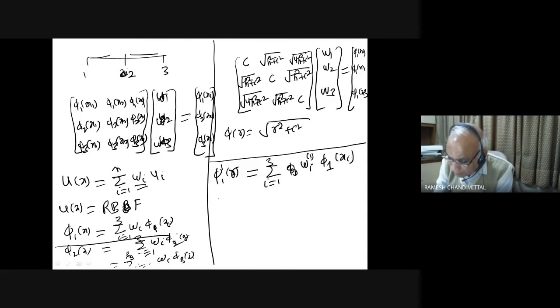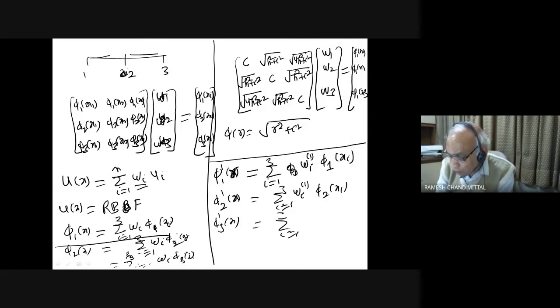Then similarly I will have for phi 2 prime, the sum over i from 1 to 3 of w_i1 times phi 2 x_i. I write x here, so no problem. Okay, and then you have phi 3 prime x equal to the sum over i from 1 to 3 of w_i1 phi 3 x_i.